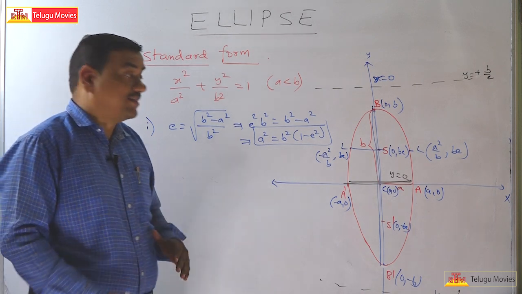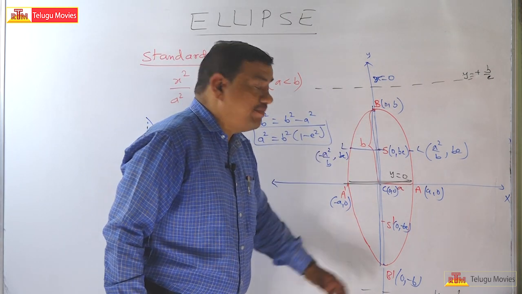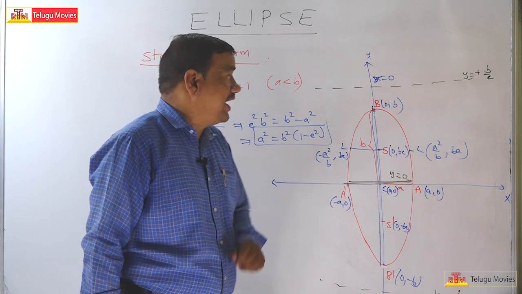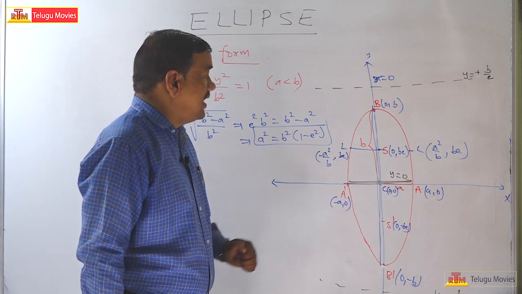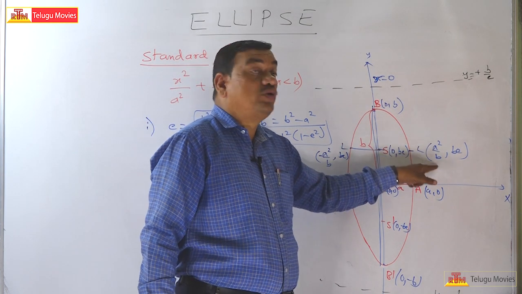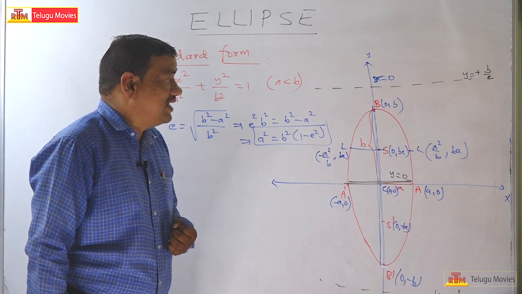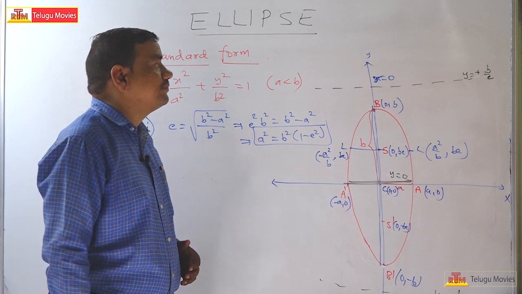Now coming to lengths: the length of the major axis is 2b, the length of the minor axis is 2a, and the length of the latus rectum is 2a square by b.